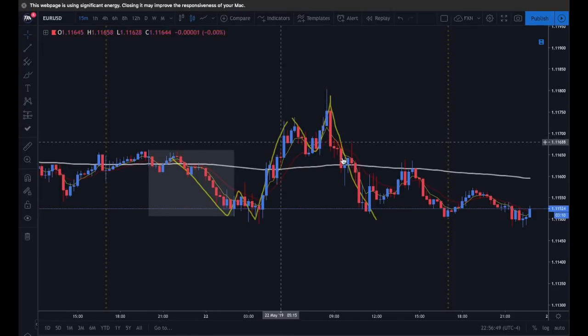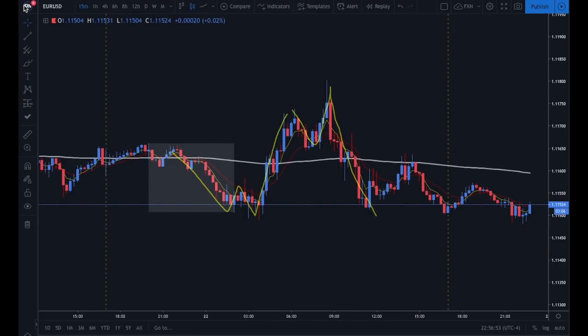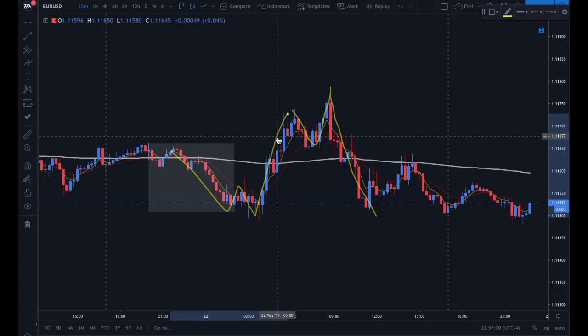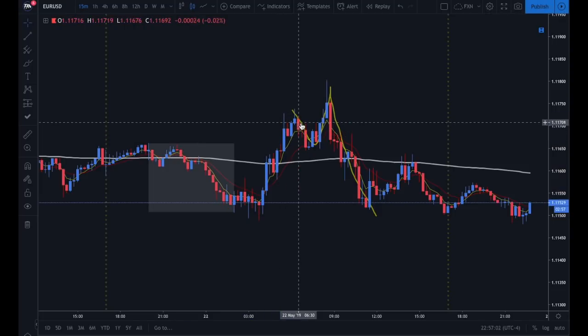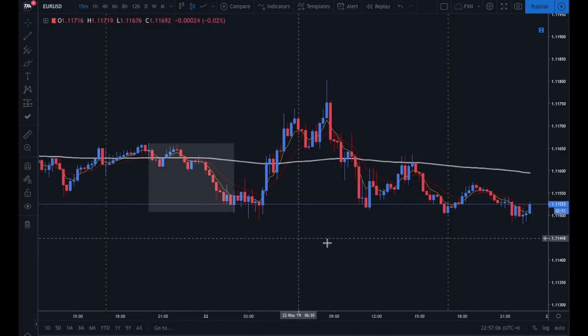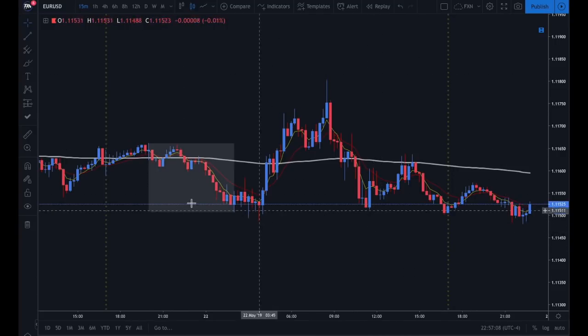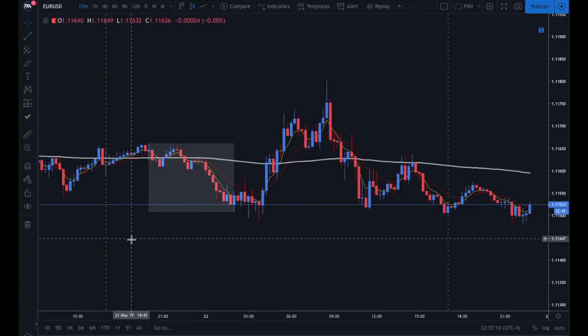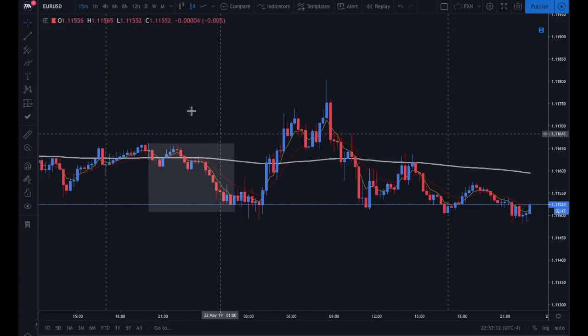So for both London and the US session, definitely take advantage of it. Most of the time, the majority of the time, you're going to be trading stuff like this in a range. The majority of the market moves in a range, guys. It doesn't move in a trend the majority of the time.